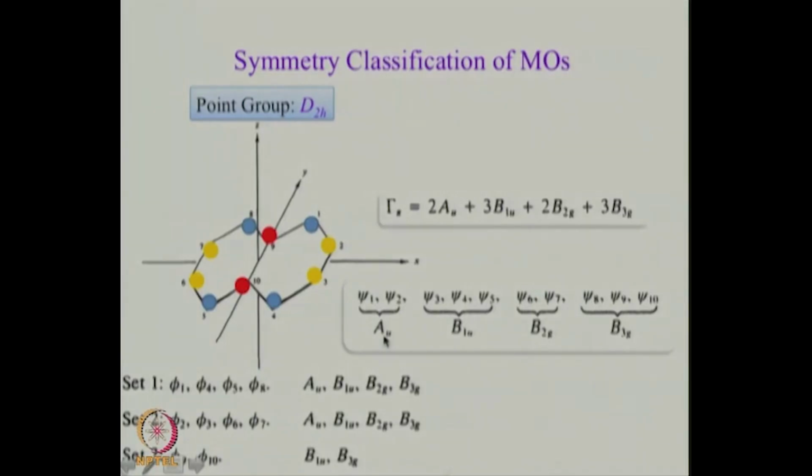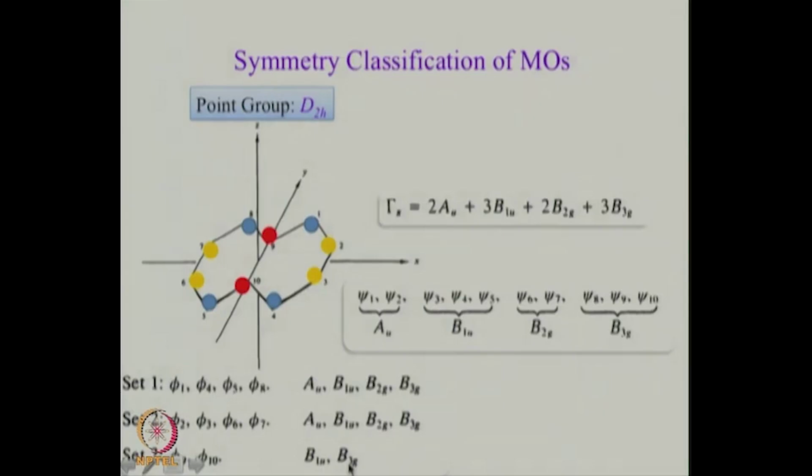We have also been able to break down the constituent p orbitals into 3 different groups, 2 consisting of 4 p orbitals each, 1 consisting of 2 p orbitals. We have also said that the first 2 sets of p orbitals are going to have symmetry AU plus B1U plus B2G plus B3G. The last one will have B1U plus B3G.